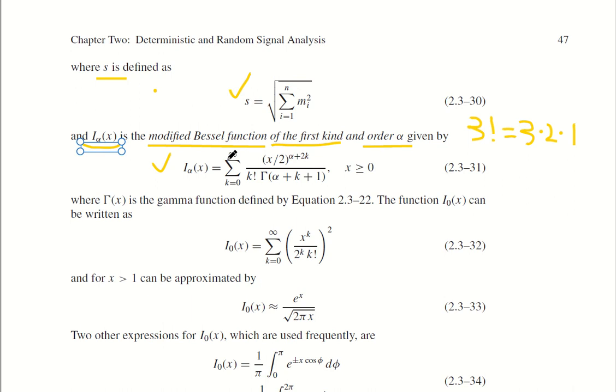So it's a bit difficult to understand because you are challenged with the summation of infinite terms. If we have to compute the exact number for I alpha of x, it's just impossible because you have infinite terms. But we can approximate it to a certain degree of accuracy by numerical approaches, or you skip some terms.